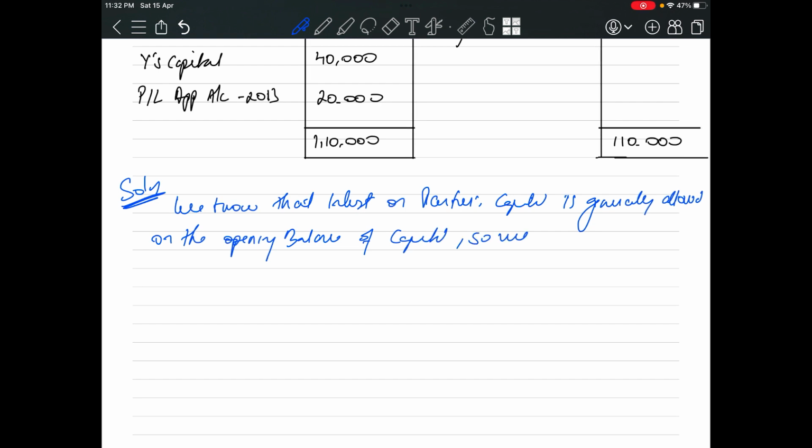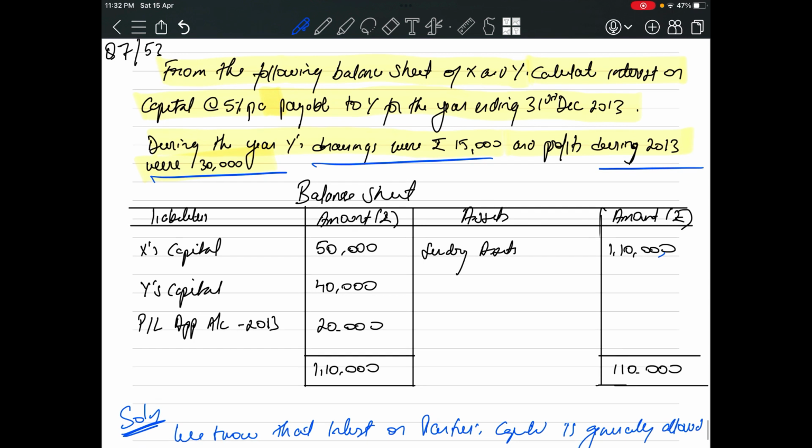So we have to calculate the opening balance of Y's capital.